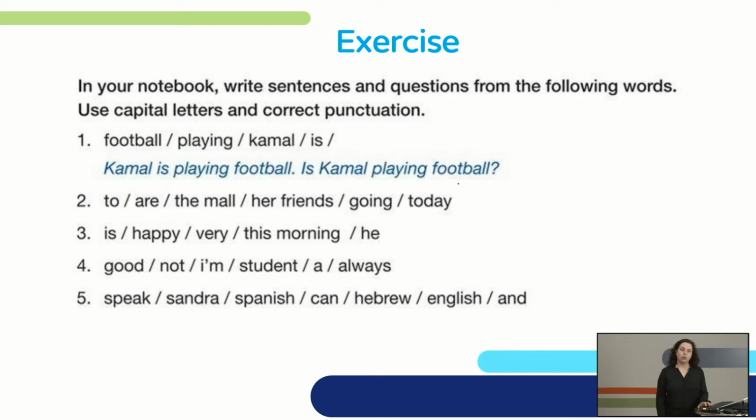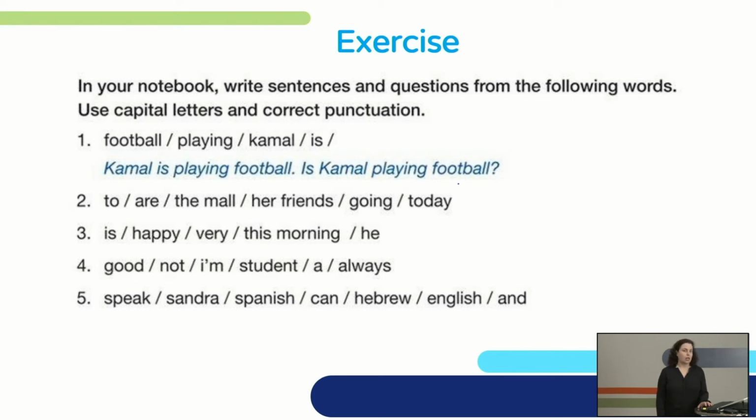Number 2, the words are: to, are, the mall. The mall is a large center where there are many stores. Her, friends, going, and today. I'm sure you know these words. That's why I did not go over them with you. Number 3: is, the verb, happy, very, this morning, and he.